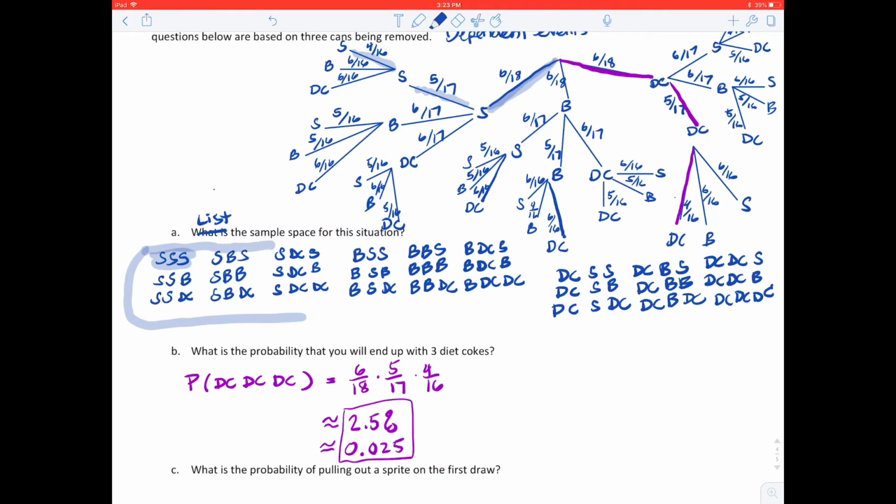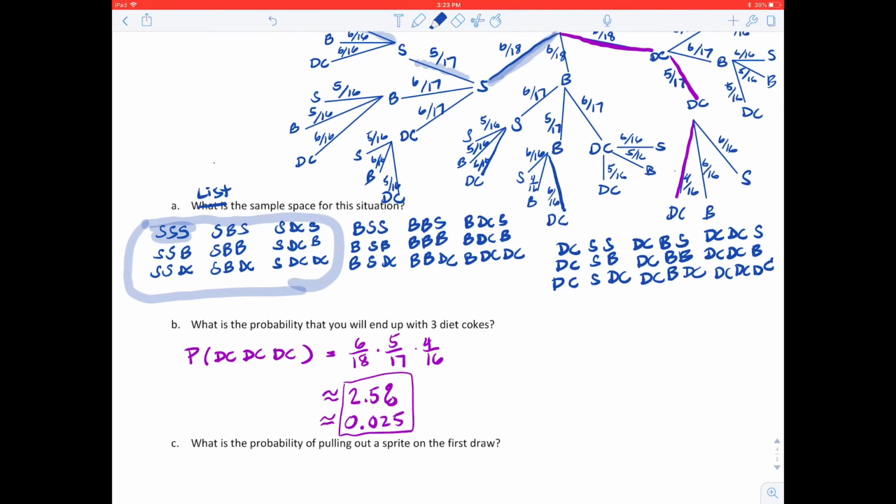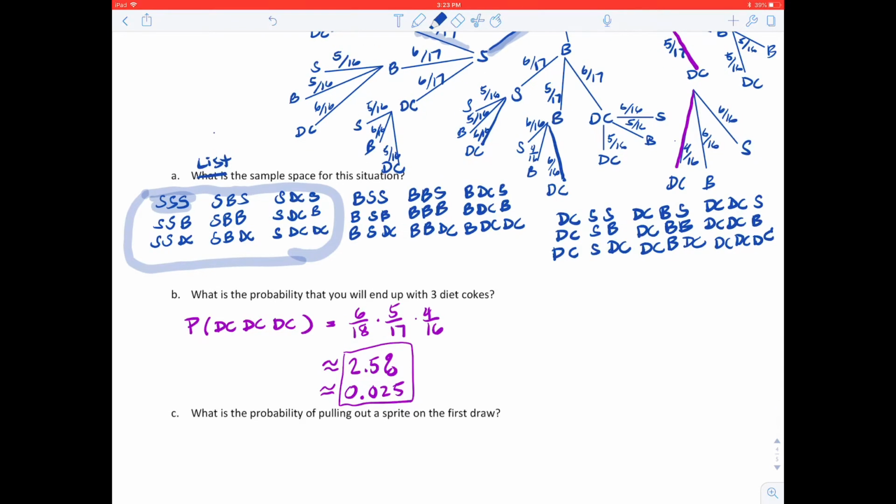Do you see? And there won't be any intersection because you won't be pulling 2 cans at a time, right? So what we need to do is find each of these probabilities and then sum them. Isn't this fun?